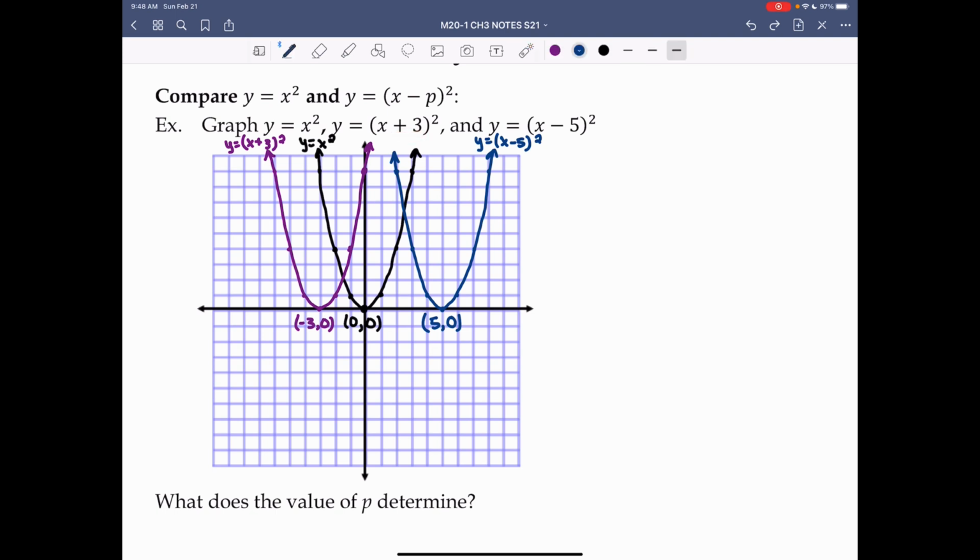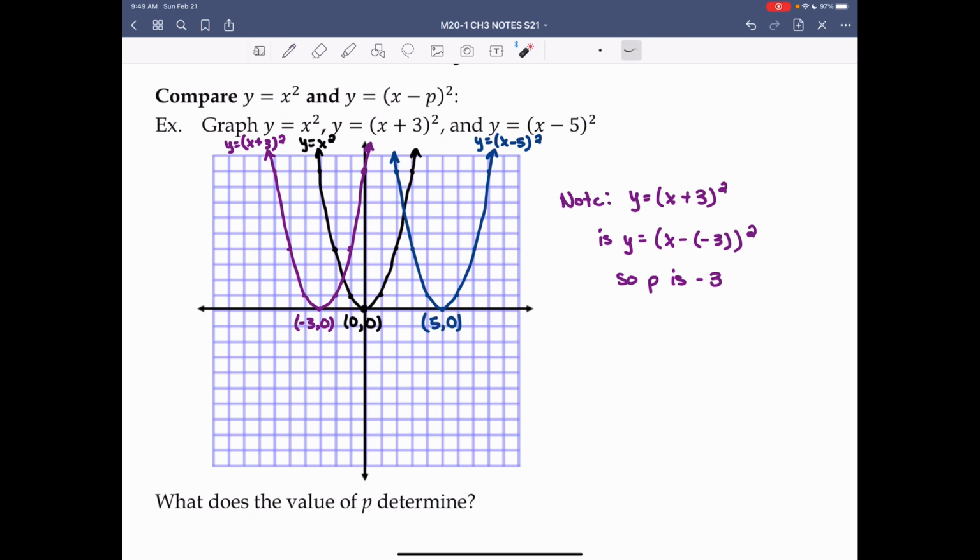So we can write y equals x plus 3 all squared is y equals x minus -3 all squared. So p is -3.